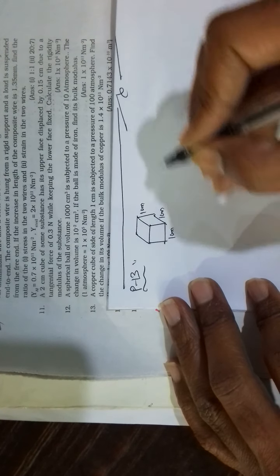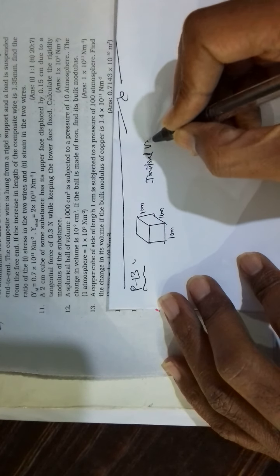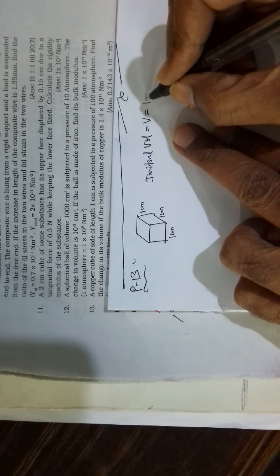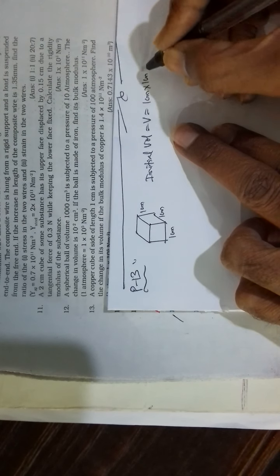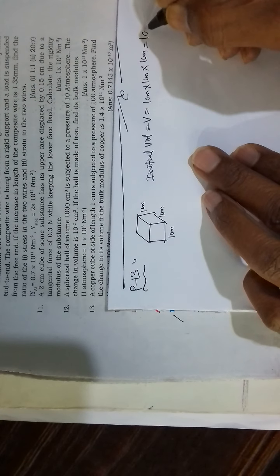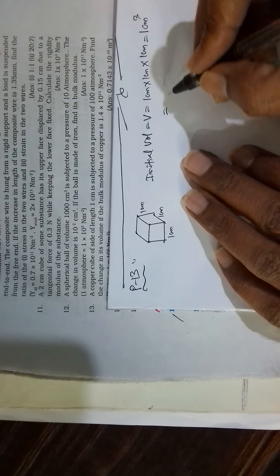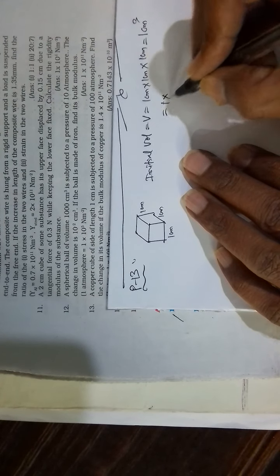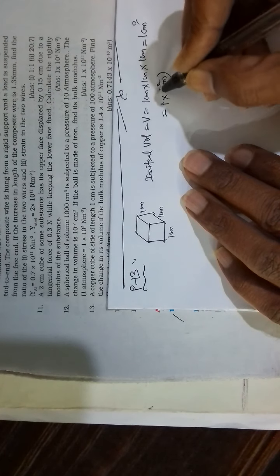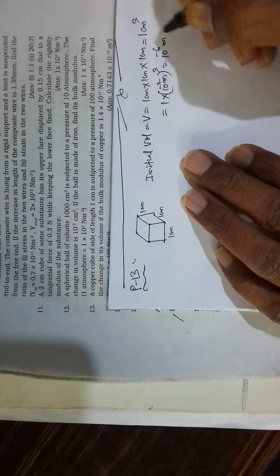It means the initial volume is 1 centimeter into 1 centimeter into 1 centimeter, that is 1 centimeter cube, or 10 power minus 6 meter cube.